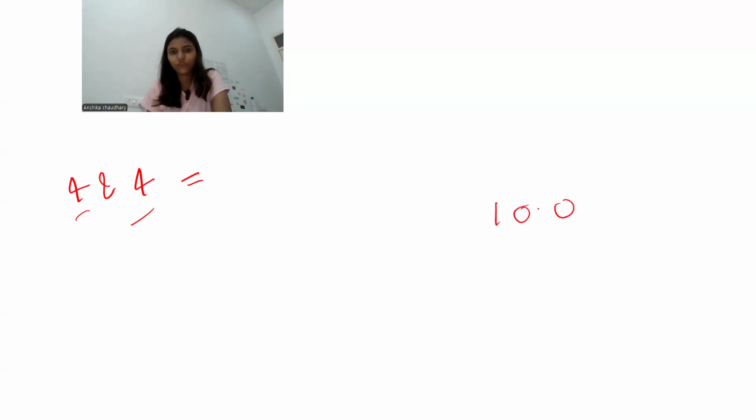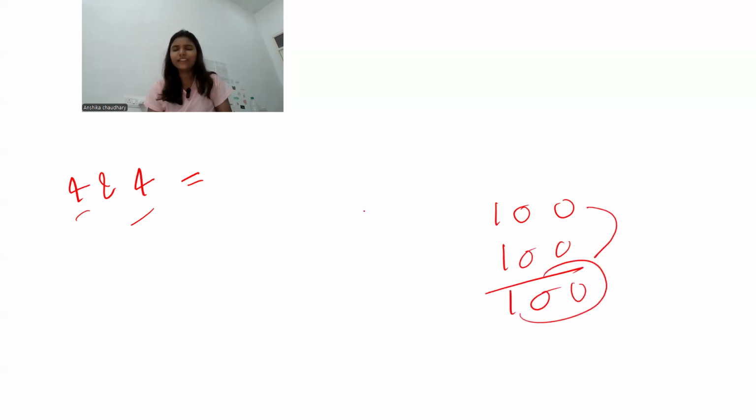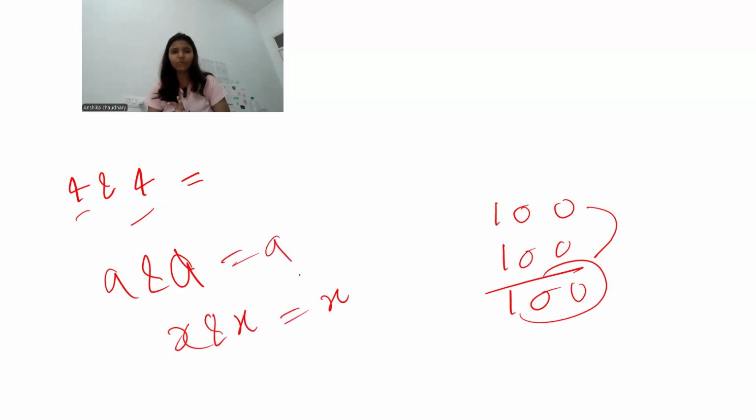When we convert 4 into binary, we get the same thing. If we are taking AND, we get the same. So we can say that if we need to take A and A, or X and X, the answer will be A, same only, right? So whenever in your question you have the same value and same, you don't need to check for binary. Directly you can write the same digit only.